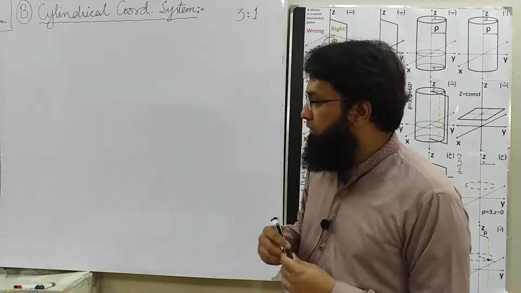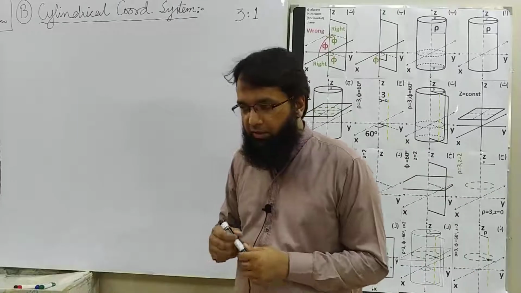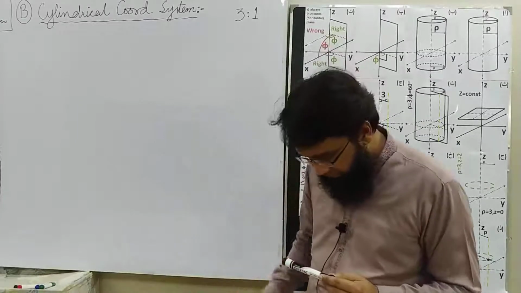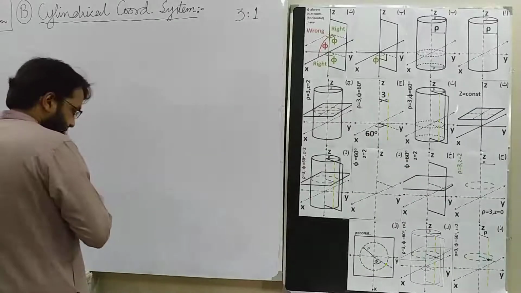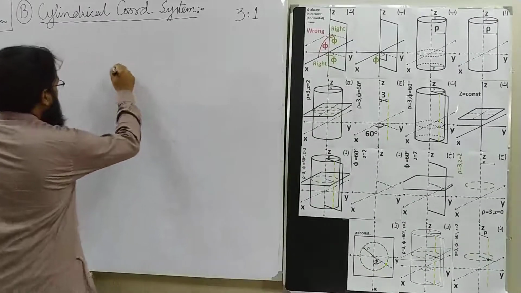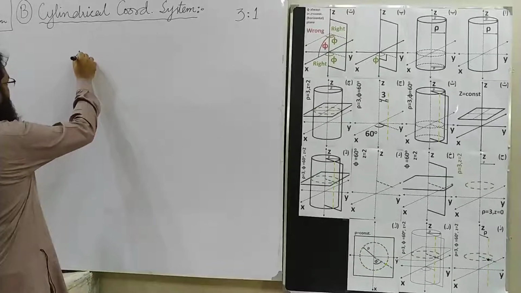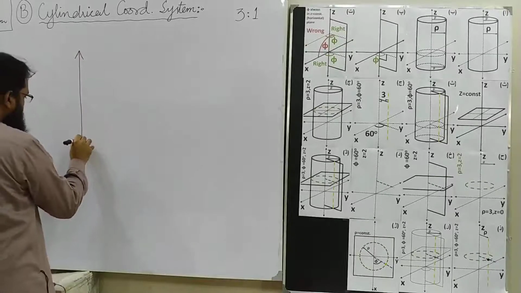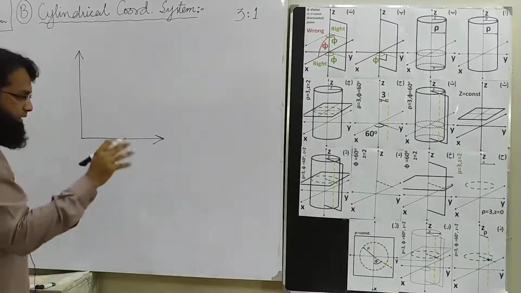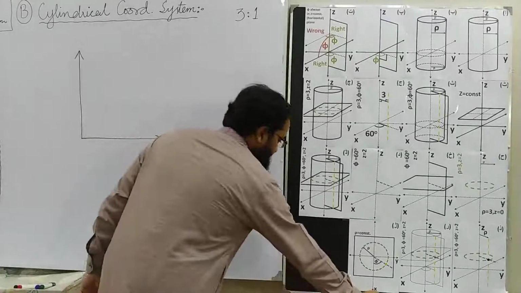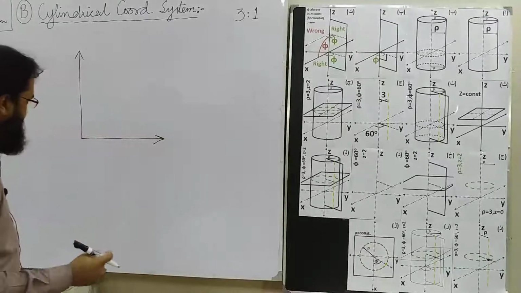We will follow the exact order that we did when we were discussing the Cartesian coordinate system, and as we all know, a coordinate system is always defined to locate a point or define directions of one point with respect to another point.